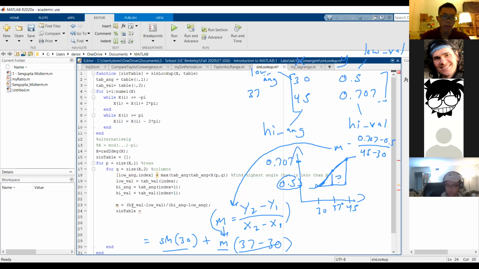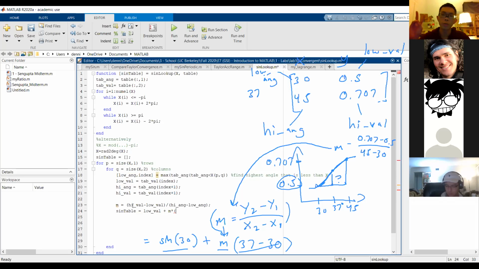And we'll say sine table is going to be, okay, sine of 30. That is the value at our lower value. So that's low val, plus, we know our m, and we want to find, okay, what is our 37?